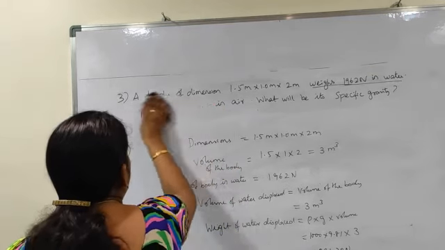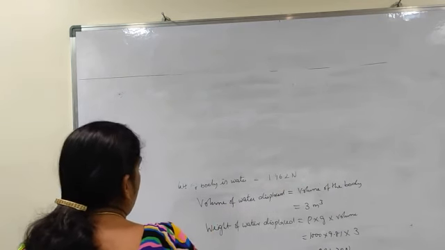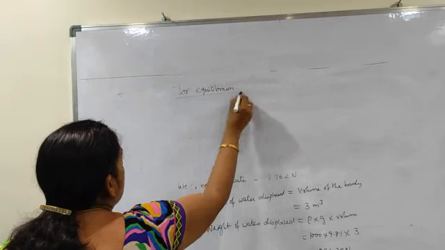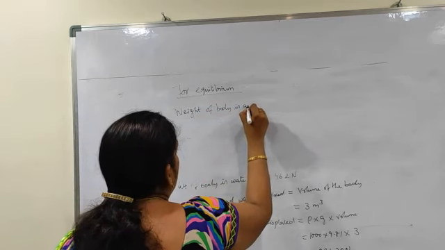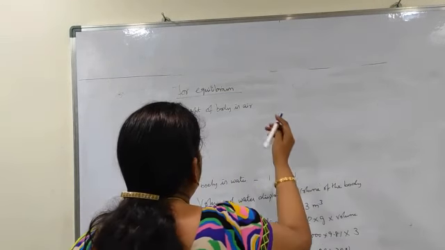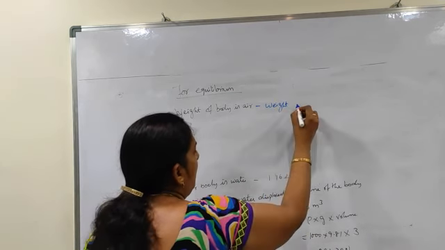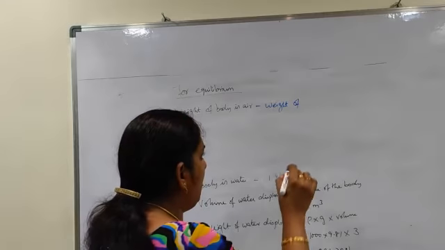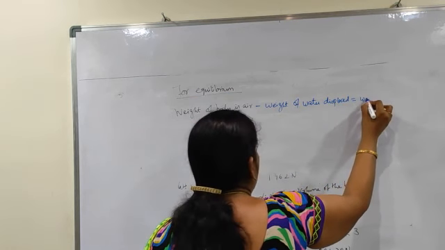Now we have found out the weight of the water that is displaced, so for equilibrium we apply this concept. The weight of the body in air minus the weight of the water displaced, that is the water that is coming out, will be equal to the weight of the body in water.